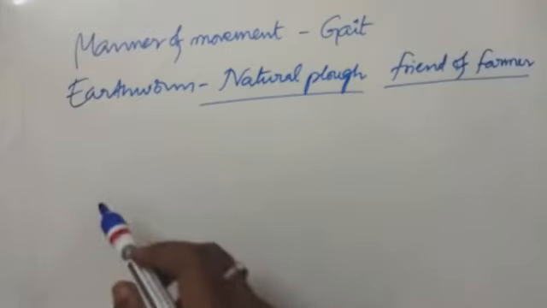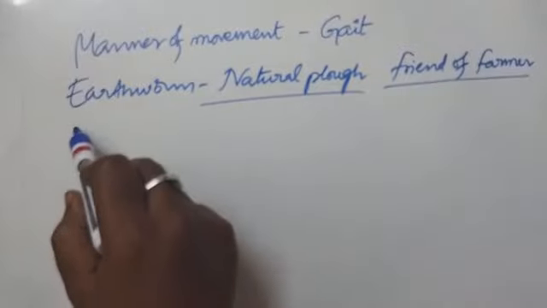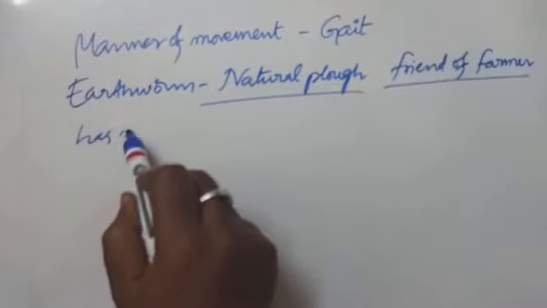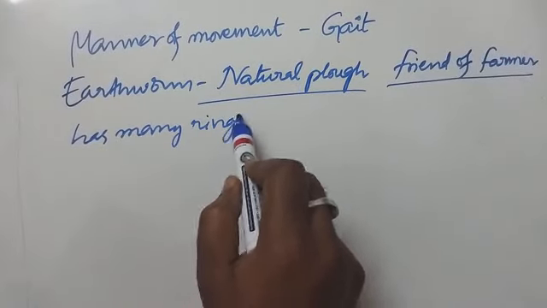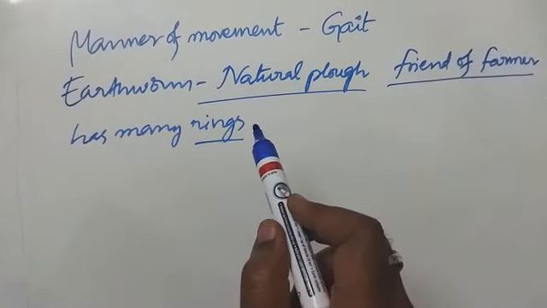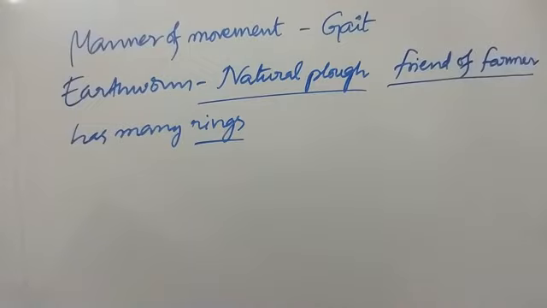The body of the earthworm has many rings, which are joined end to end. And it has no bones.